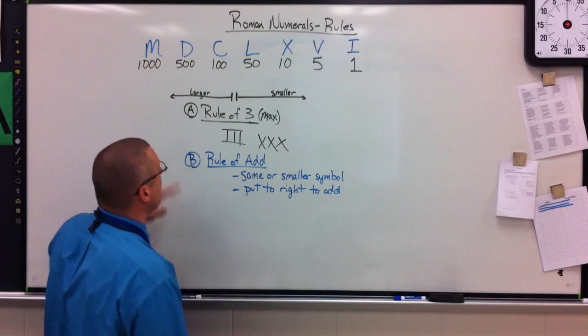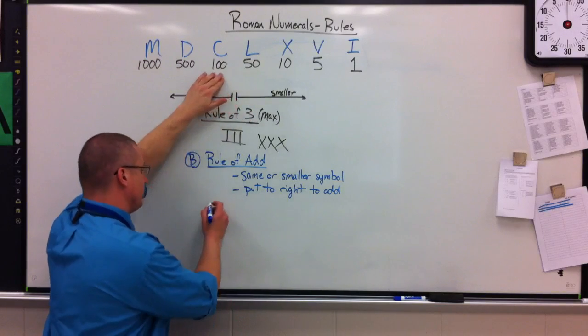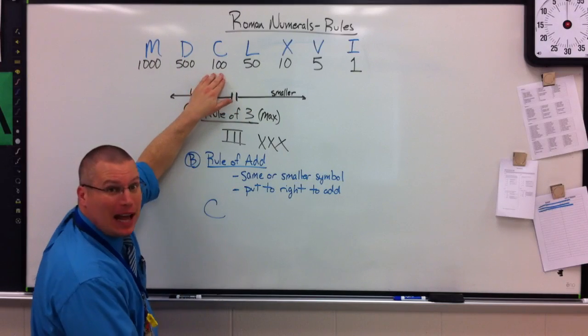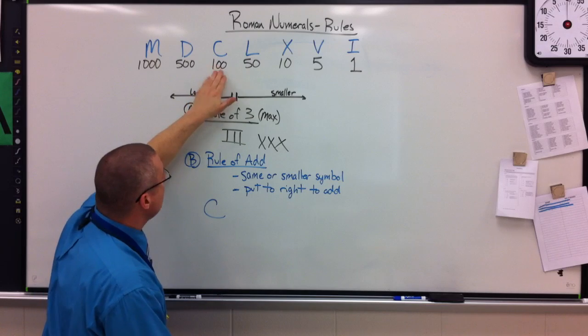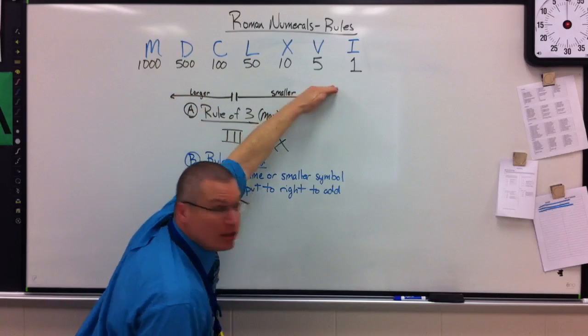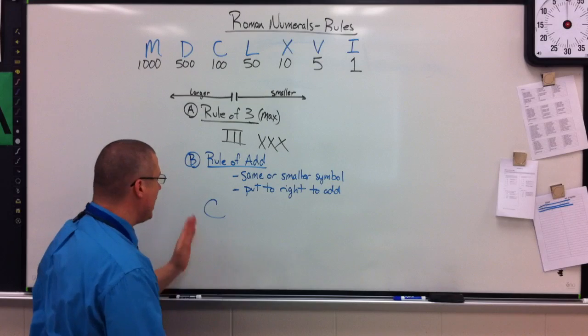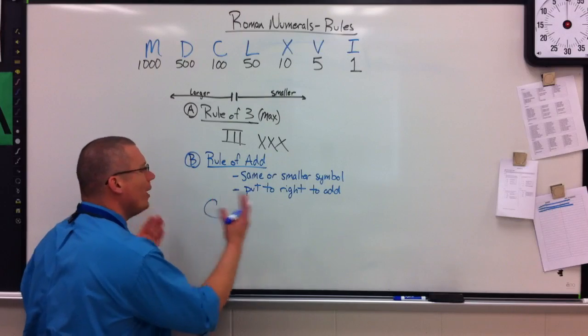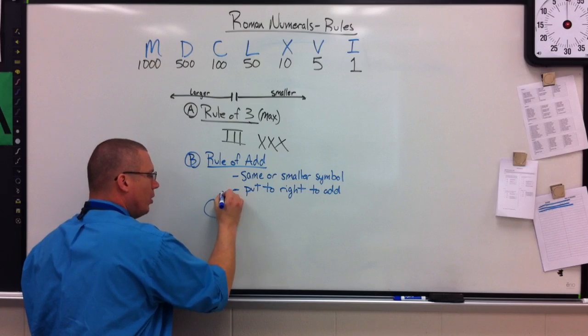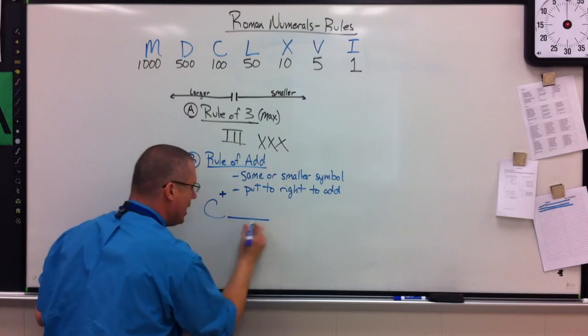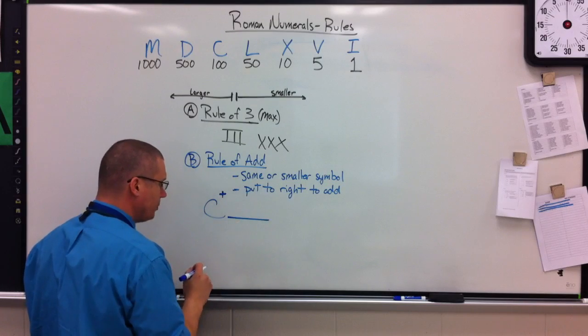So what does it look like? I'm going to pick a symbol, C. Now, I am allowed to add on to that. I'm allowed to pick this symbol or anything to the right of it, anything smaller, and I'm allowed to add it. If I'm going to add it, it must go to the right side.